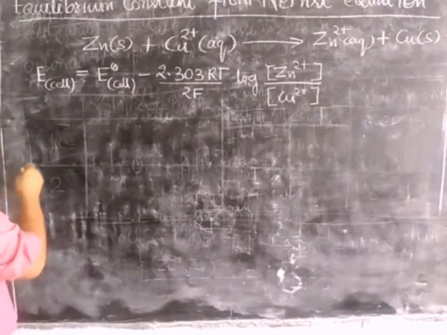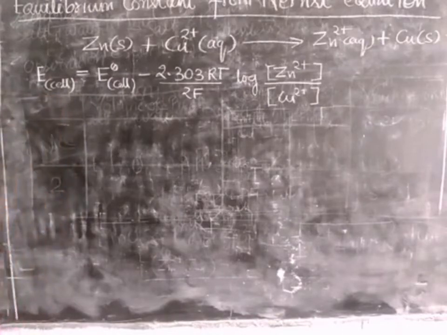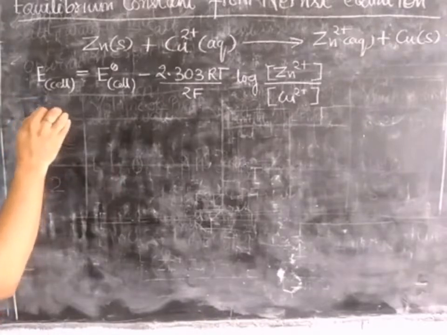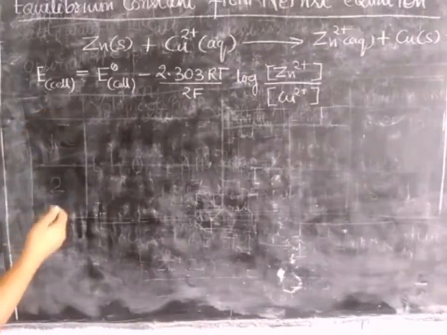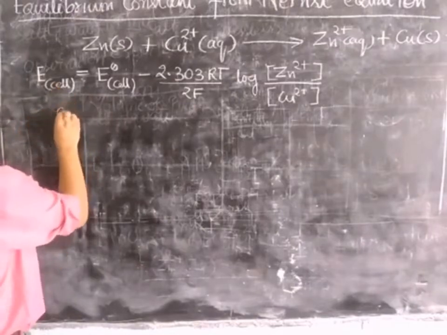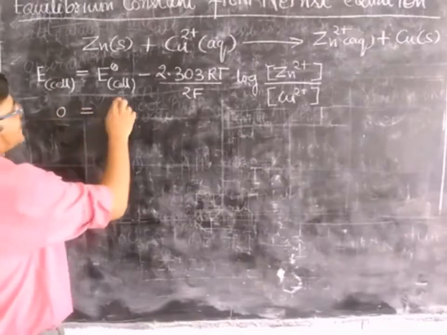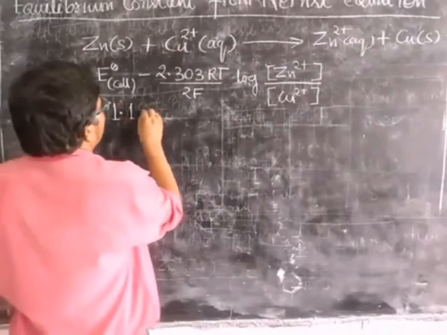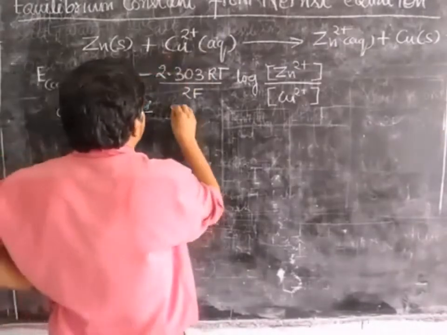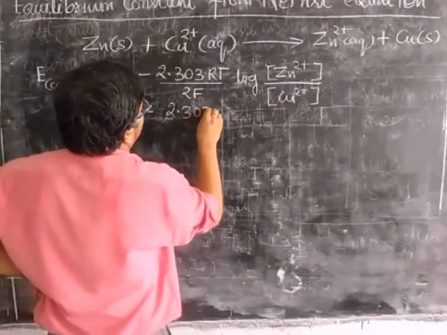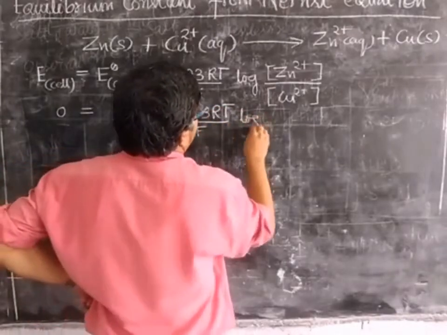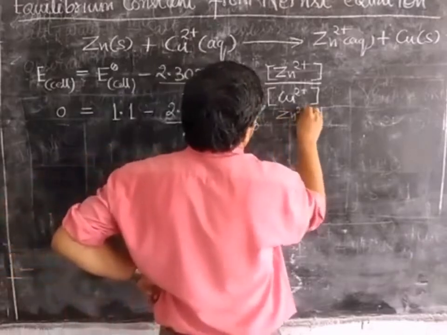Then if the overall value has become 0, instead of these values we are going to put those values once again. This overall potential is 0 and this is going to be 1.1. This is what it used to be when a cell is built up between these values, and this equation becomes like this.